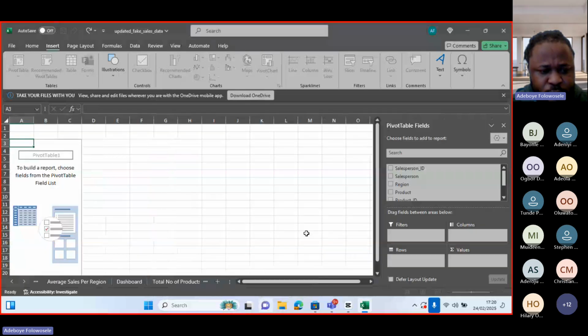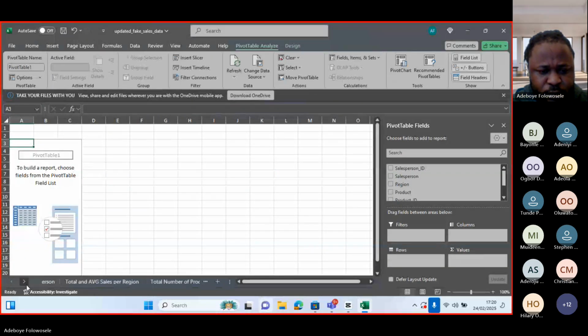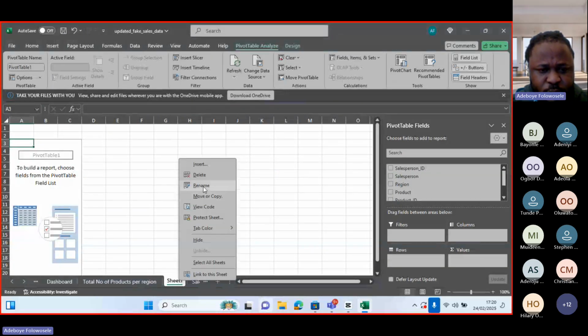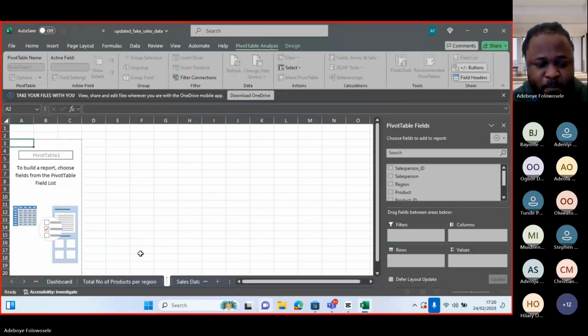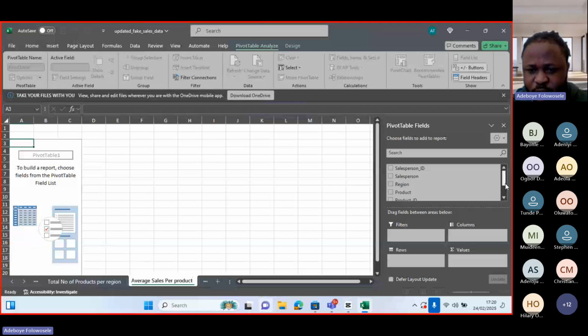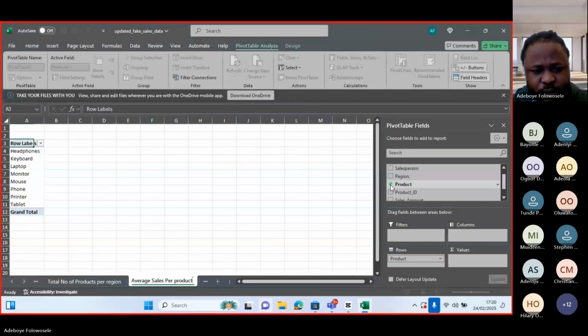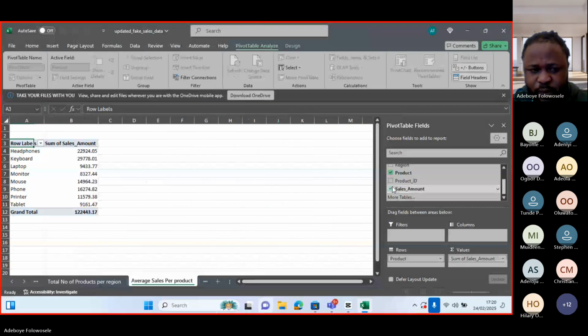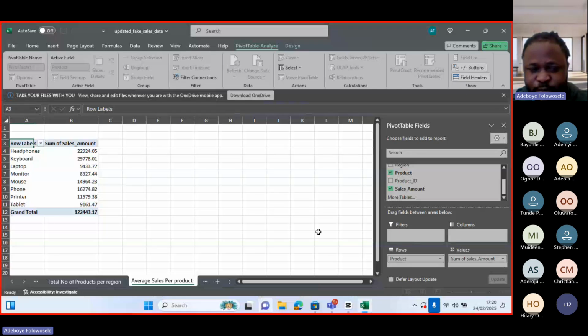So let me rename this as average sales per product. So we look at products, then we look at sales. So just some that is there.